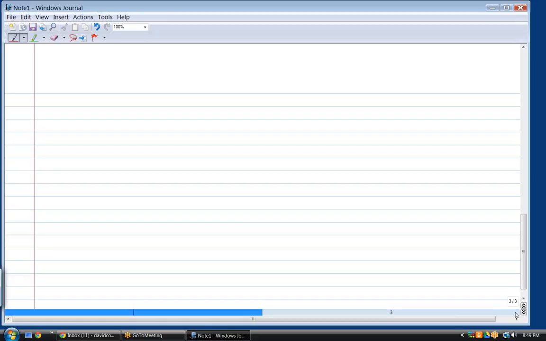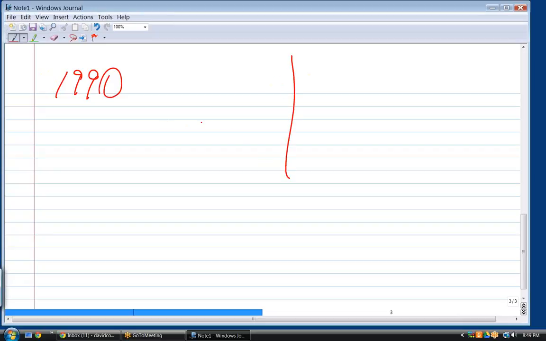Okay. So this one is a question about normal distribution. It says life expectancy for a baby born in 1990 is normally distributed. The mean is 75.6 years and the standard deviation is 4.